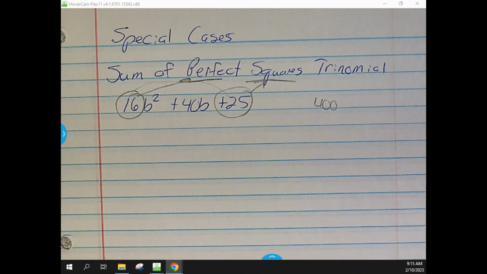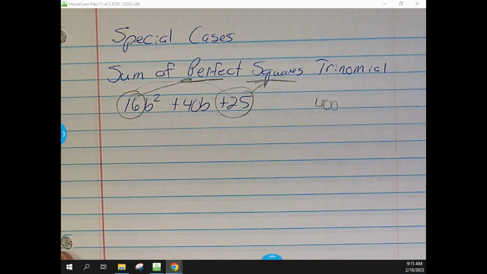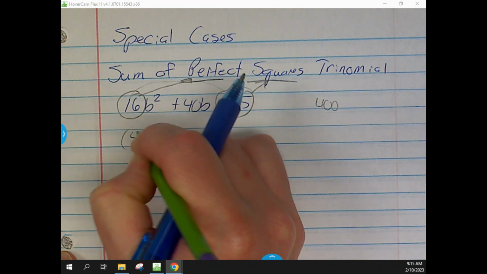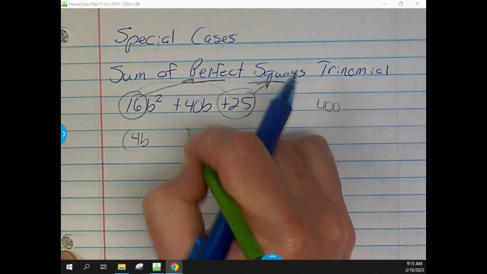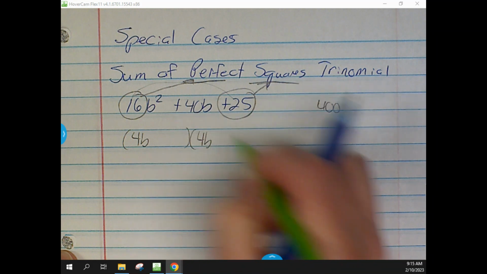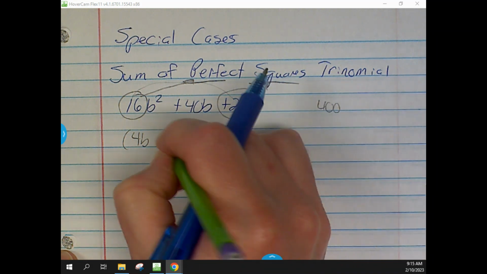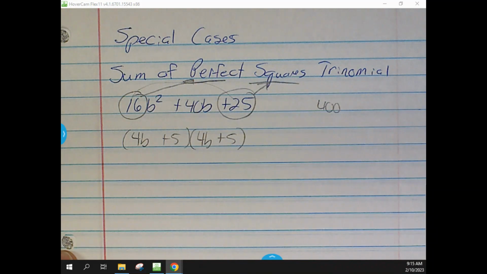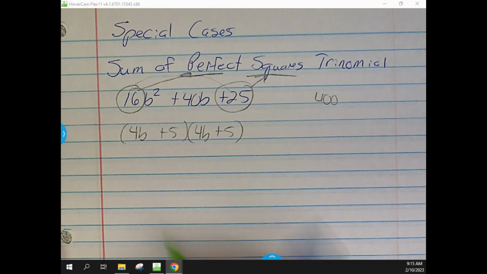All right, there's a couple of different ways you can do this one, but if you want to think about it this way, and we'll show you the form that goes with this one, if these are perfect square numbers, there's a really good chance that this 16b squared is going to be basically just 4b times 4b, and the 25 is going to be 5 times 5. Okay, and then if you wanted to check it, here's basically what you would do.